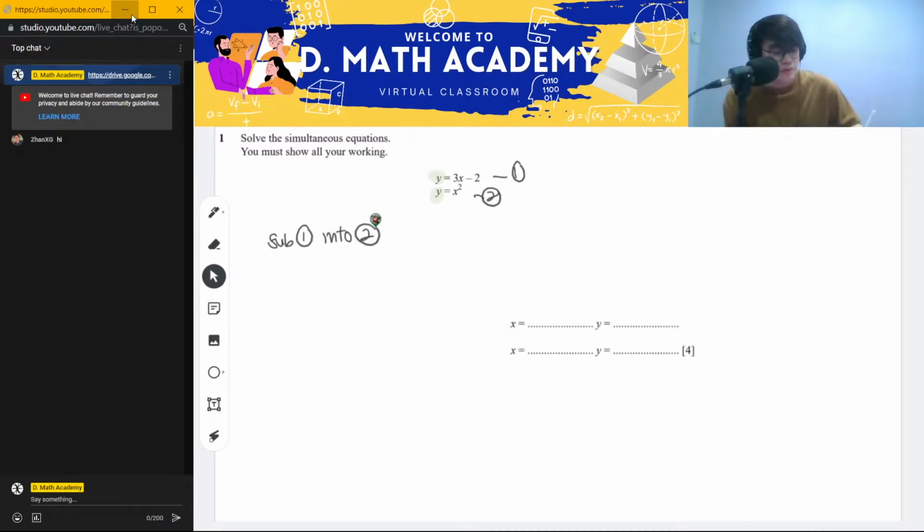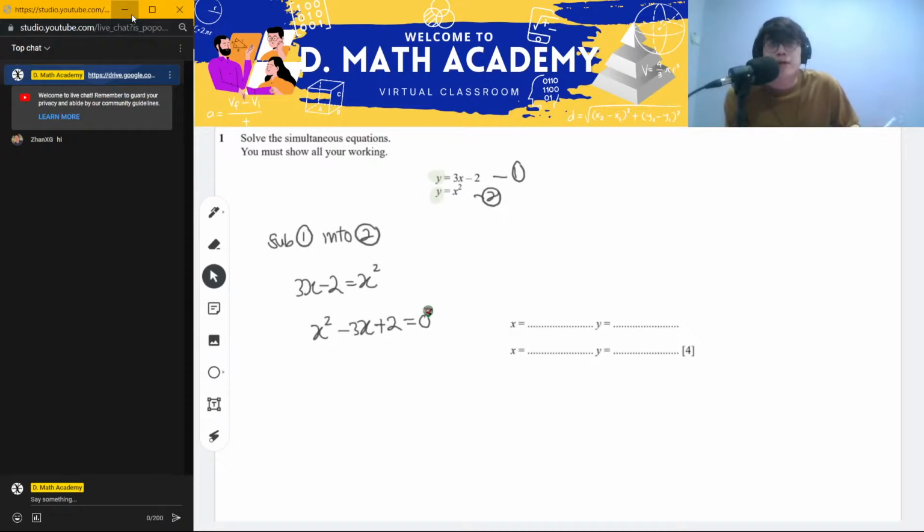So you will have 3x minus 2 equals x squared. Your task is to arrange it as a quadratic equation, so you end up with x squared minus 3x plus 2 equals 0.